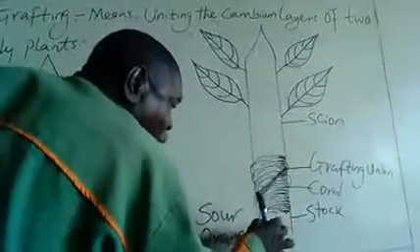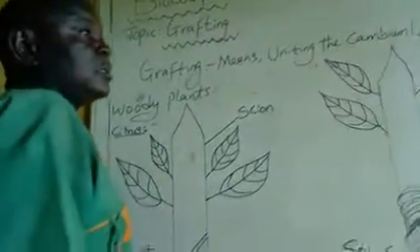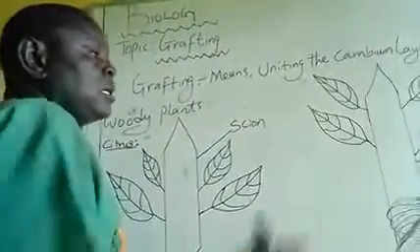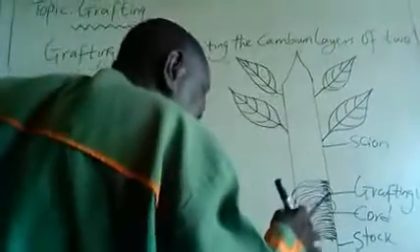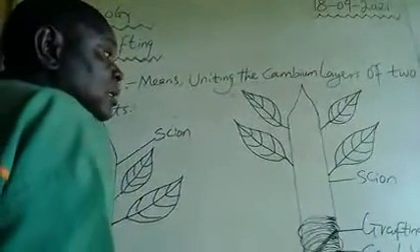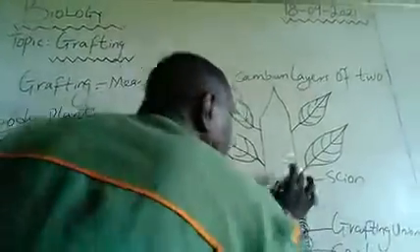The stalk of sour orange is going to take care of this scion from the sweet orange. The stalk of sour orange is going to sponsor the shoot of sweet orange.